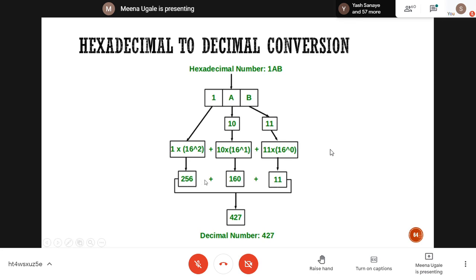Answers that you are getting: 256 plus 160 plus 11, that is your final decimal, 427. Okay, understood? A, B, C, D, E, F, 10 to 15. That is the only difference compared to previous examples or previous systems.